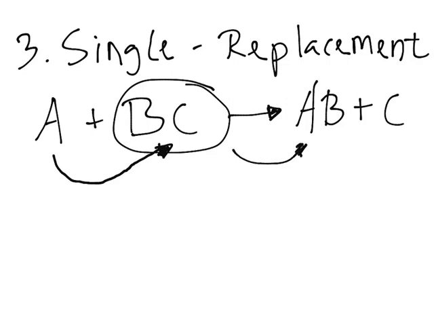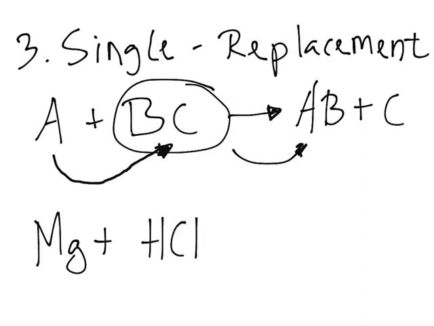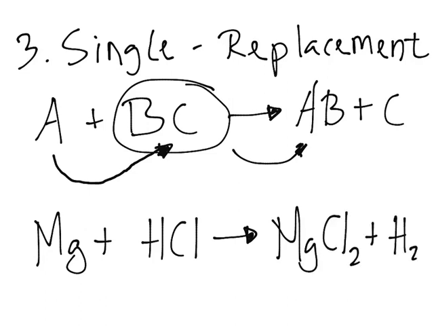An example would be something like this. You have magnesium plus HCl. So the magnesium would take the hydrogen away, making MgCl2 plus H2 because hydrogen is diatomic.